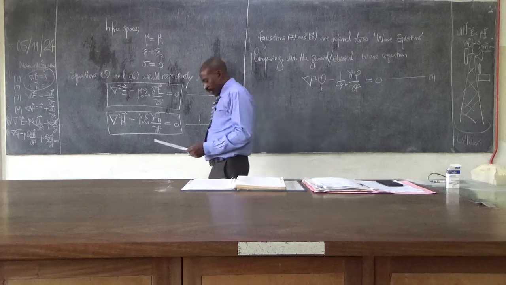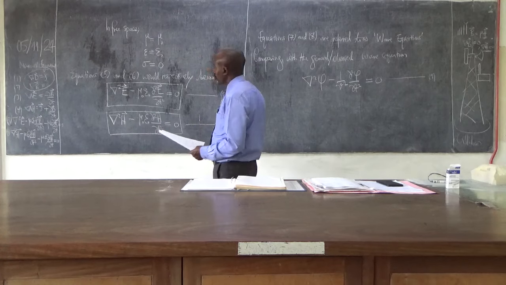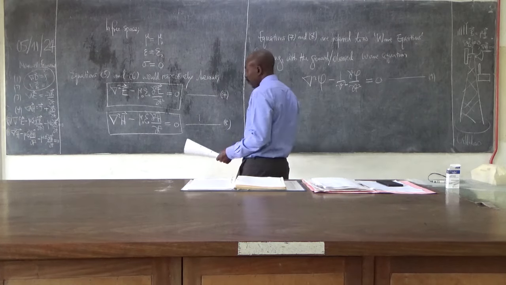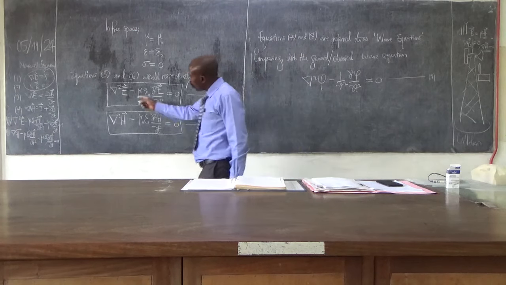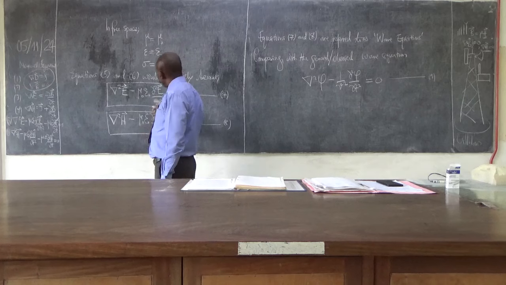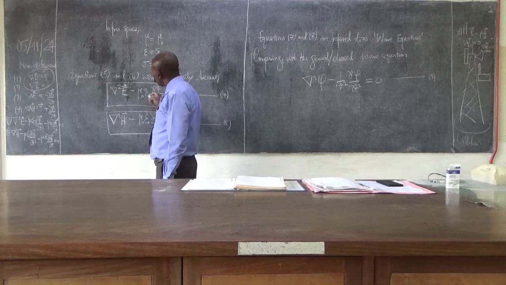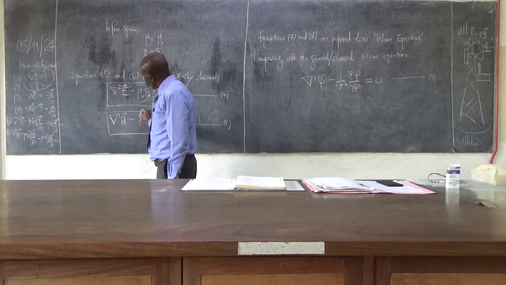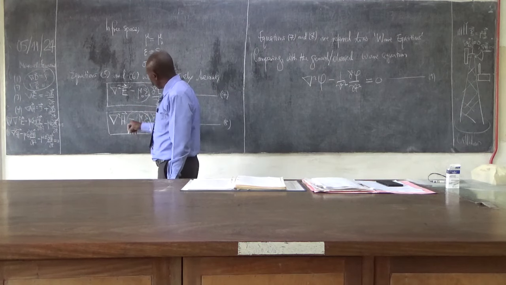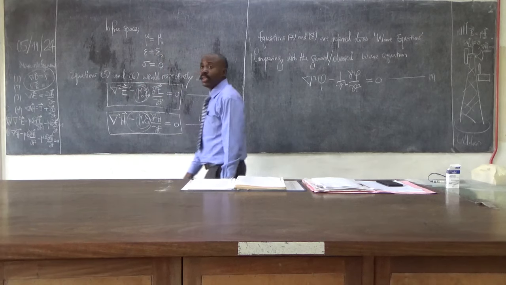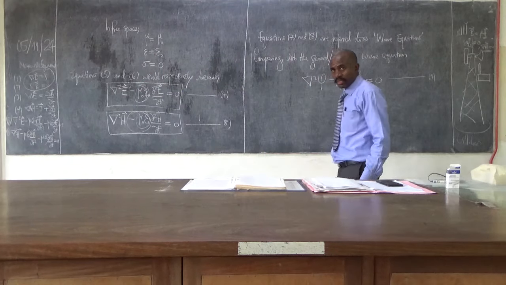we conclude that if we compare these two, this is grad squared E, and it is the same. So it means that this other part only is equal to 1 over v squared, where v is the phase velocity.